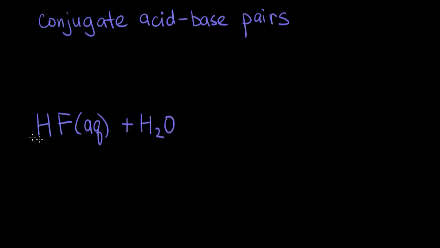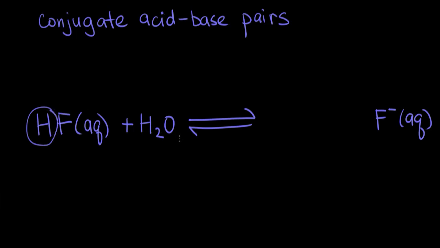So hydrogen fluoride is a weak acid, and when you put it in water, it will dissociate partially. So some of the HF will dissociate, and you'll get fluoride minus ions, and then that dissociated H plus ion. This dissociated H plus ion will get donated to our water.